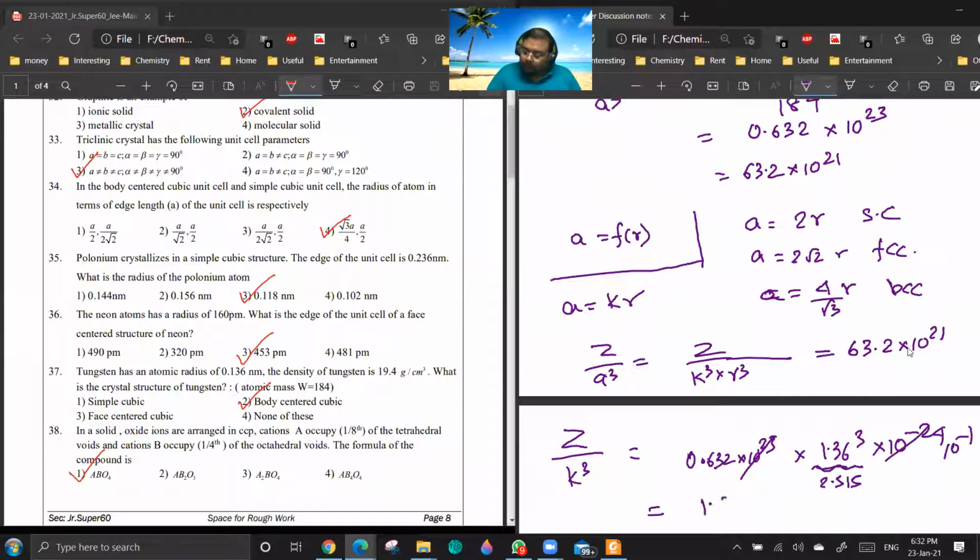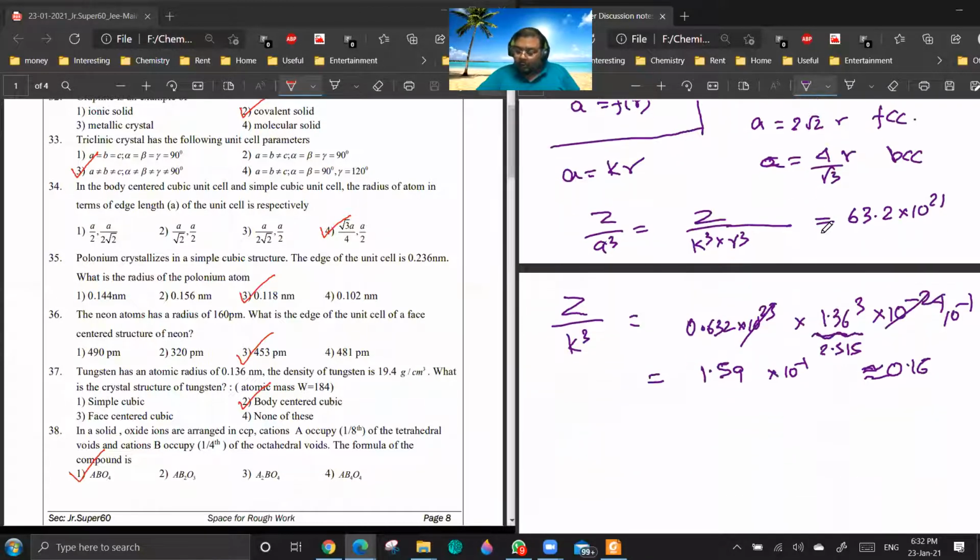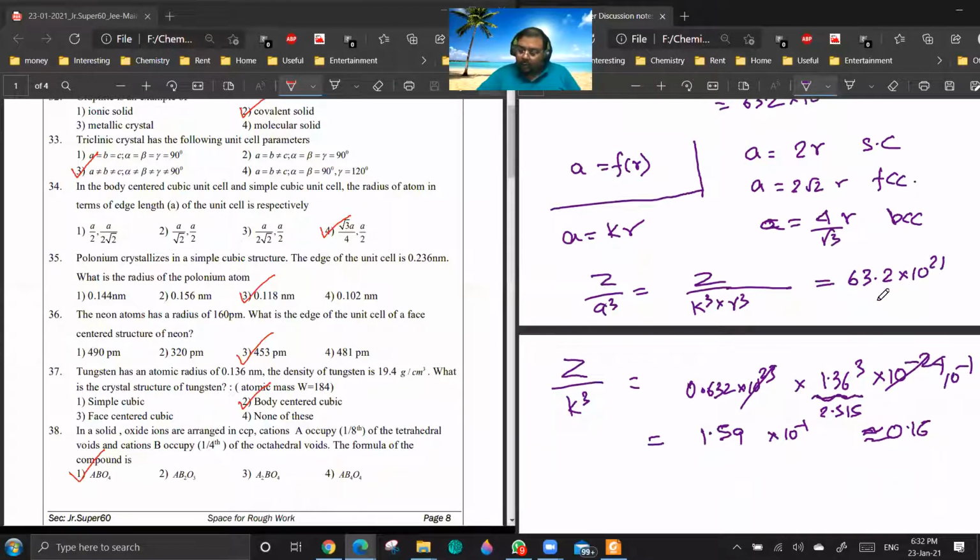1.59 into 10 to the power minus 1, or 0.159, or 0.16 approximately. Yes or no? Now see Z by K cube. For simple cubic the value of K is 2.